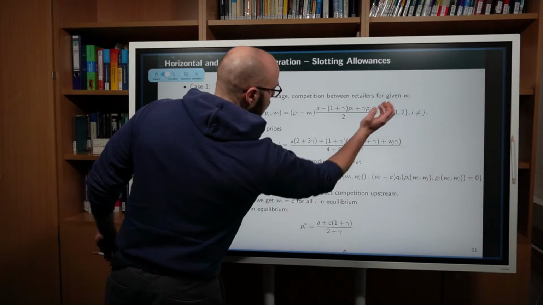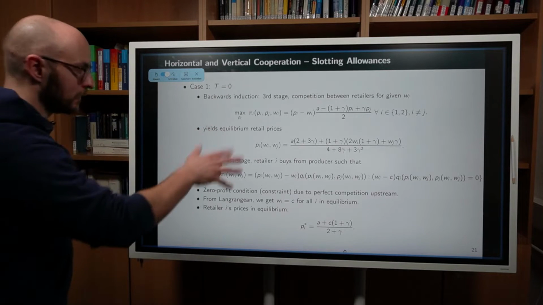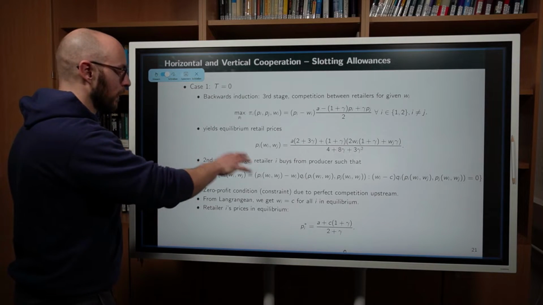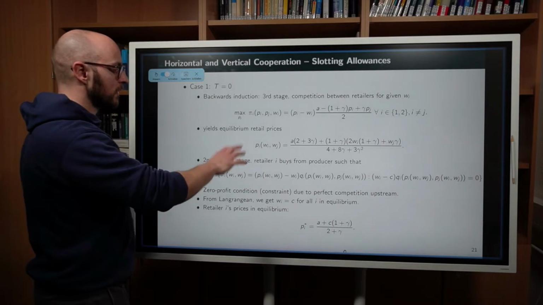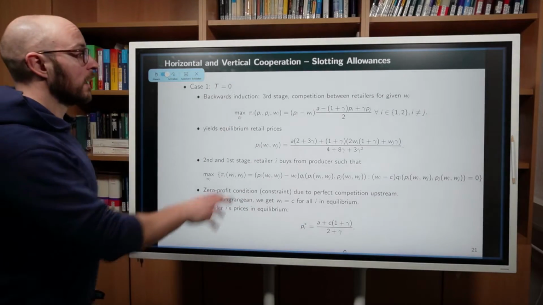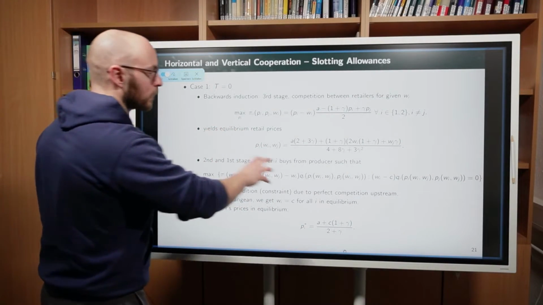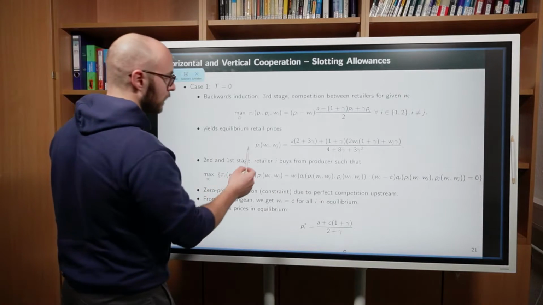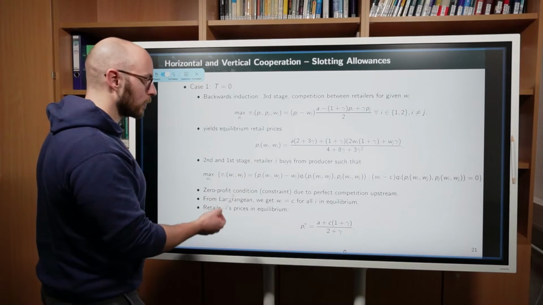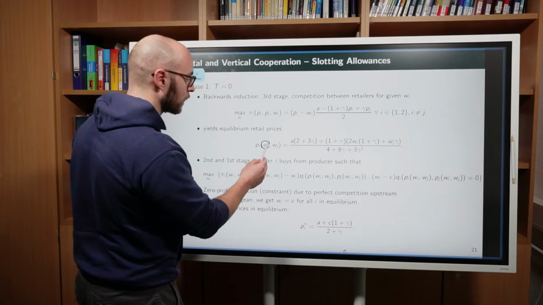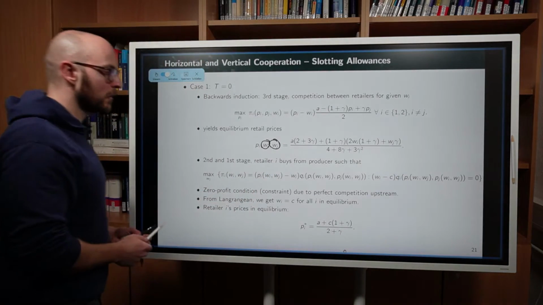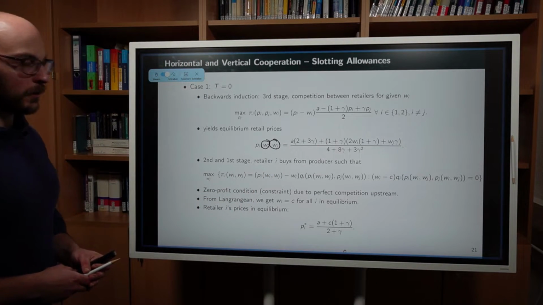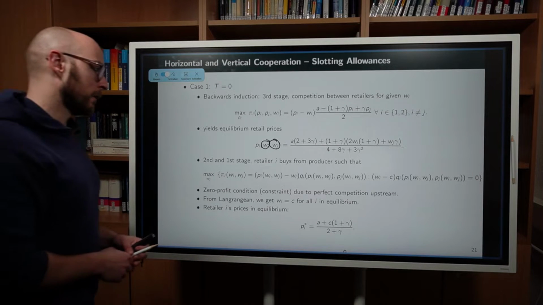And what we then do is to assume symmetry, which means that Pi and Pj are the same. And then we can just rearrange the function to get an implicit equilibrium retail price, which only depends on the marginal cost, so the two different wholesale prices, Wi and Wj, right?